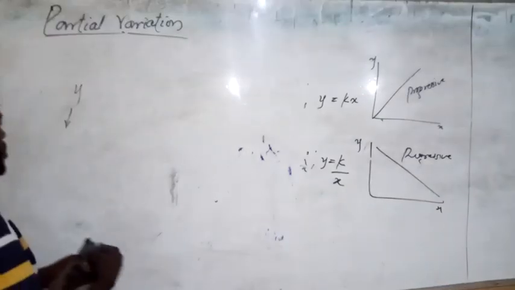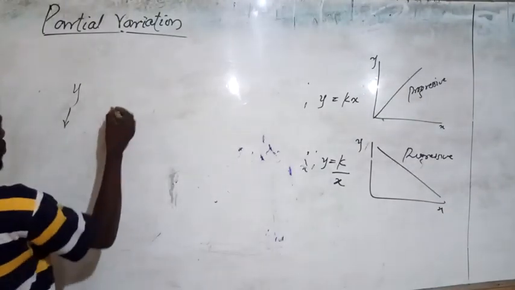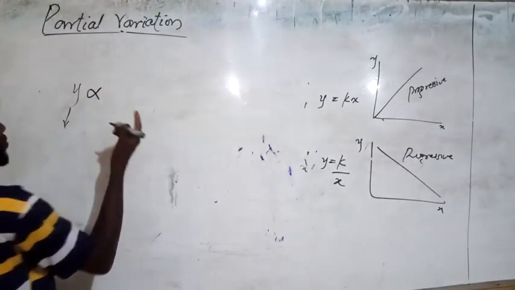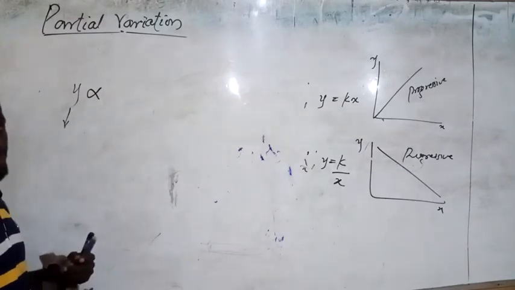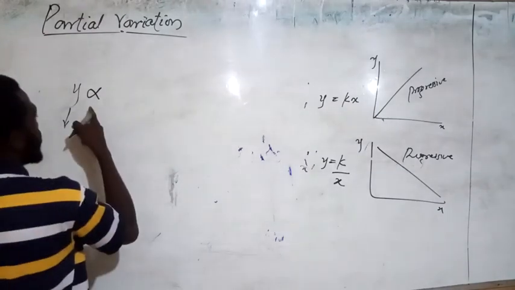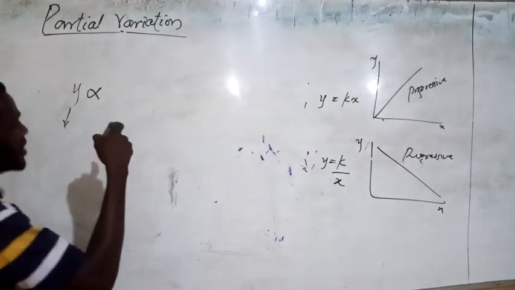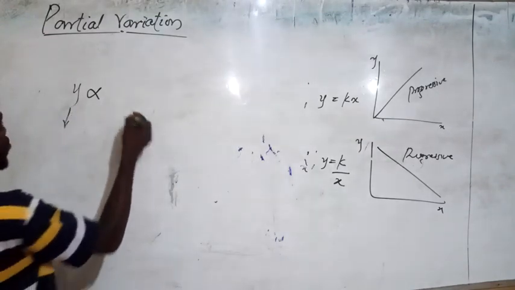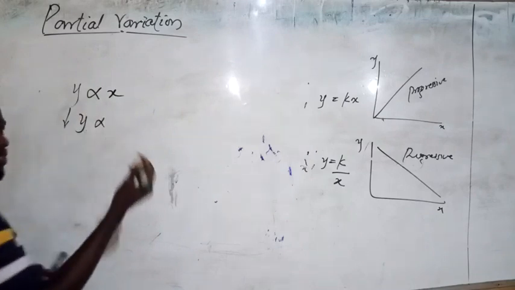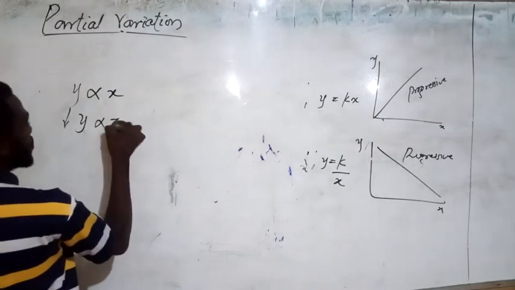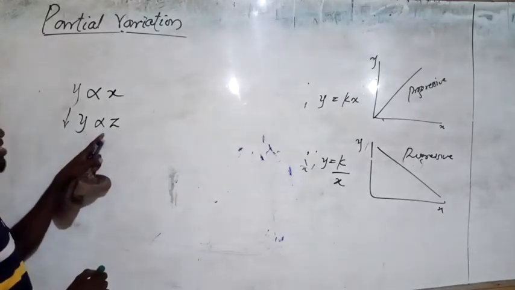So our notation is going to be like this, that y will be, let's say it was in direct relationship with x. You're going to have y is partly directly related to x, and y is directly, let's say it's still a direct relationship with z. It's going to be y is partly directly related to z.